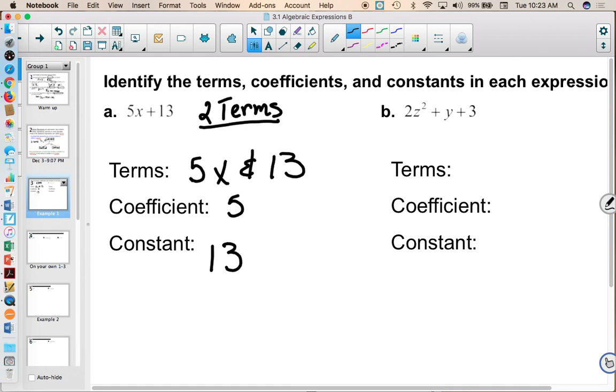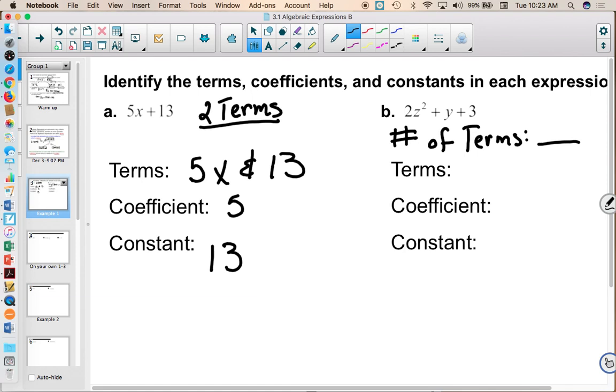Super easy. I want you to do B on your paper, and we're going to check it out. Everybody's doing B on their own. We've done a couple together. And I think I'm going to add number of terms, because I think that's important for you to be able to do the rest.